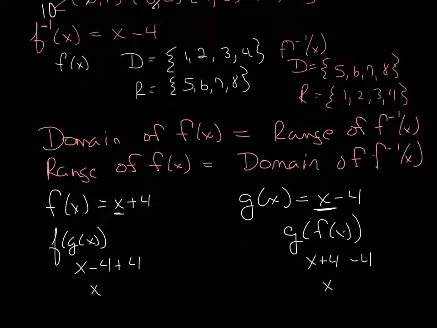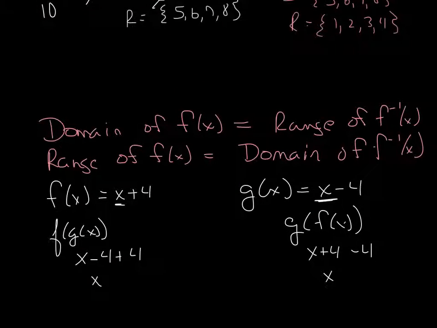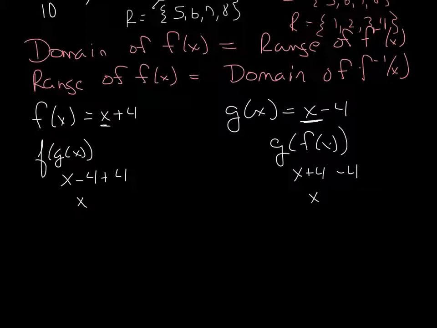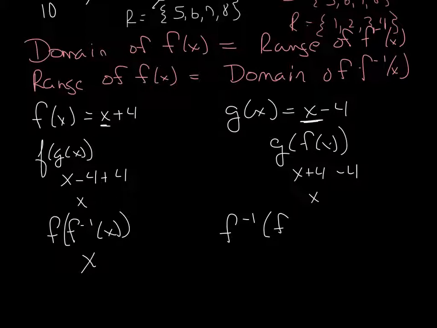That is a verification that those are inverse functions. By definition, when we take the composite of a function with its inverse, we should always get x if they indeed are inverse functions, whichever way we do it.